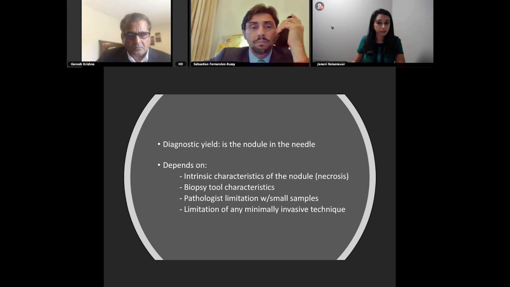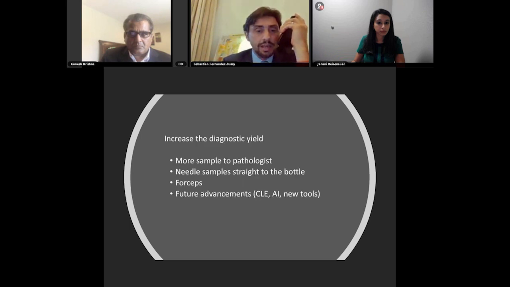I have shown you examples of robotic assisted bronchoscopy non-diagnostic and of CT-guided needle biopsies that also were non-diagnostic. So this is also a limitation of any minimally invasive technique. Now, to increase the diagnostic yield, of course, we can give more samples to the pathology, for example, that can definitely help.